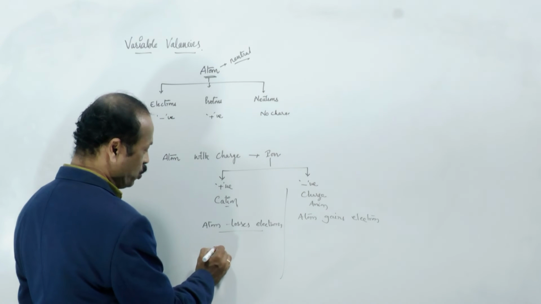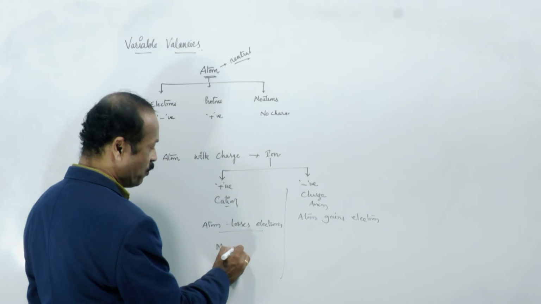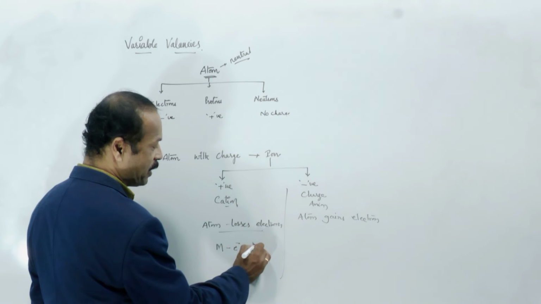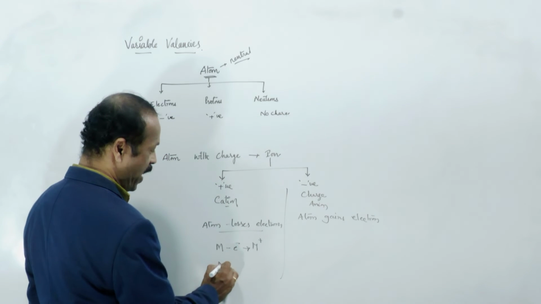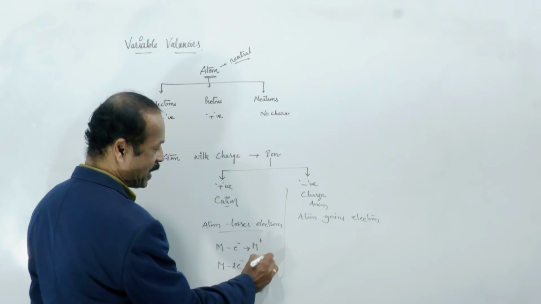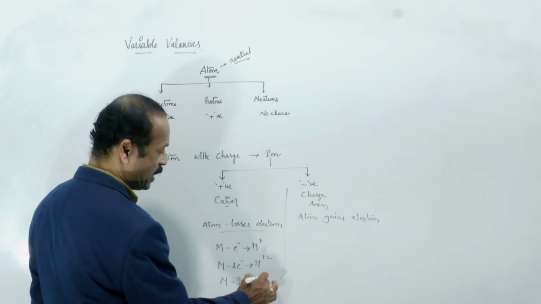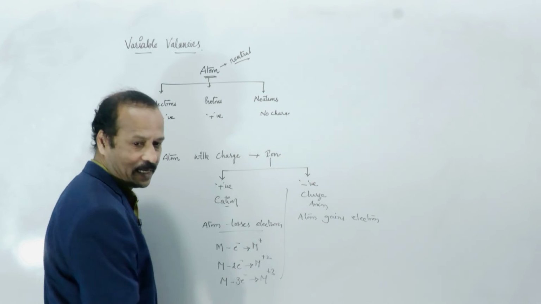If atom loses, for example, I am taking one atom M. If it is losing one electron, then it becomes M plus. If atom is losing two electrons, it becomes M plus 2. If atom is losing 3 electrons, it becomes M plus 3, like this.